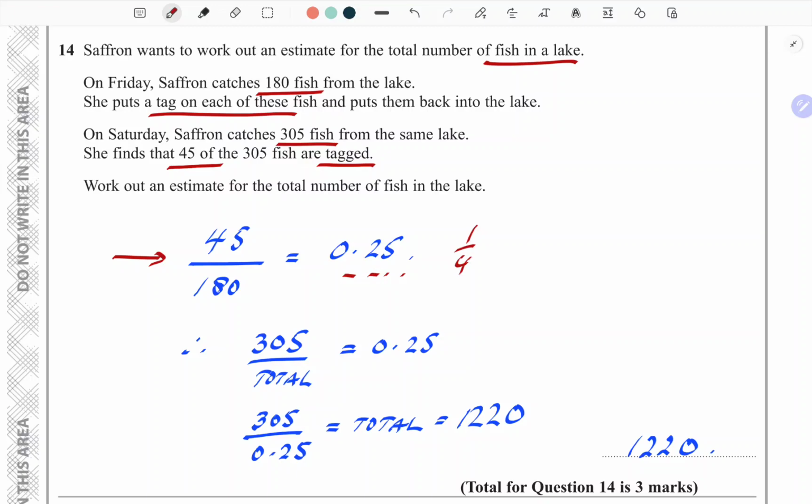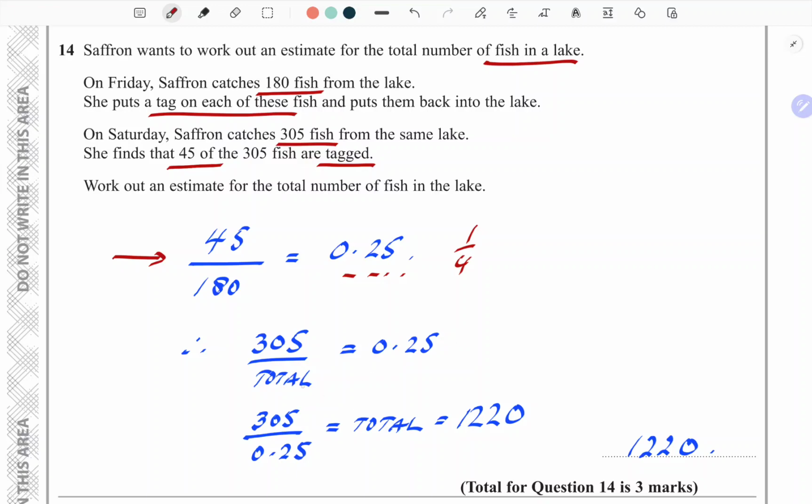The ratio of the tagged fish to the population has to be the same. In other words, we assume they've been distributed evenly. So 305 divided by the total must be 0.25 as well.